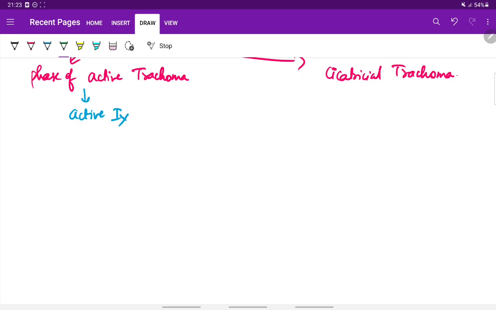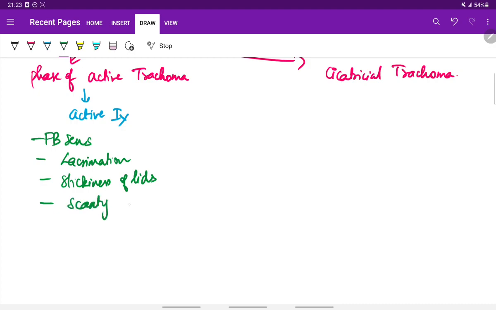So the symptoms seen in the phase of active trachoma are foreign body sensation accompanied with lacrimation, stickiness of the eyelids, and there is scanty mucoid discharge.